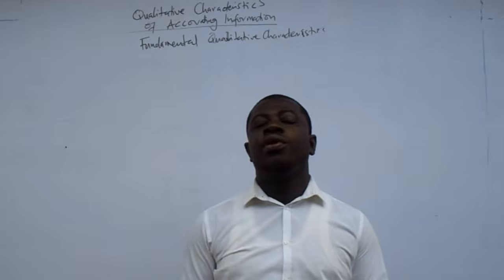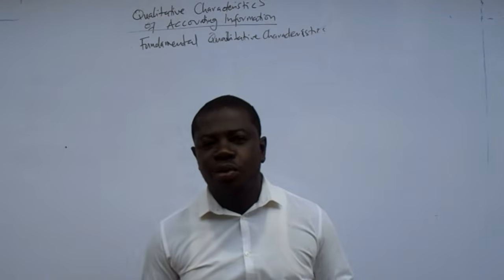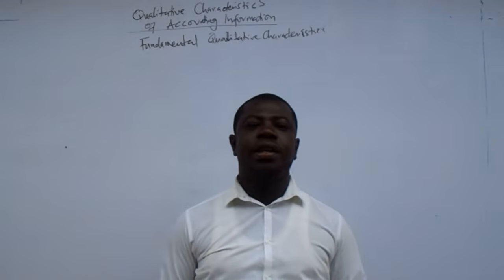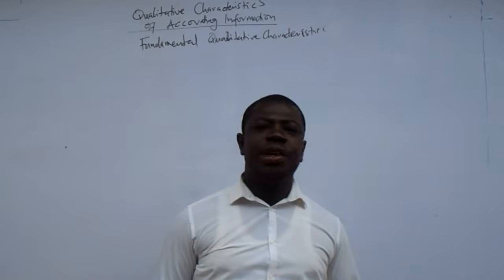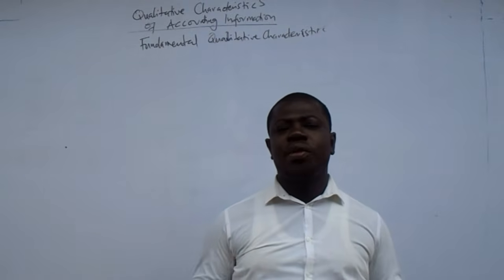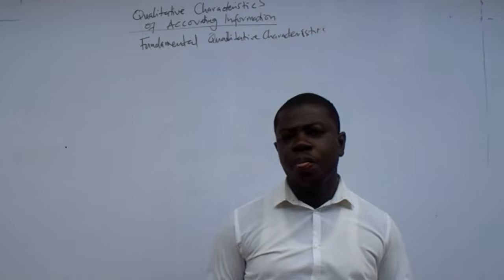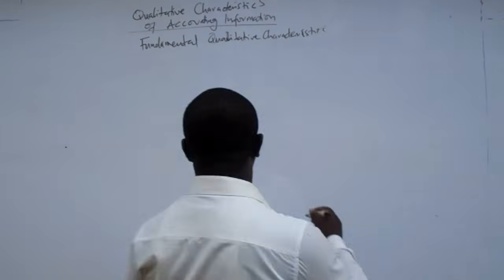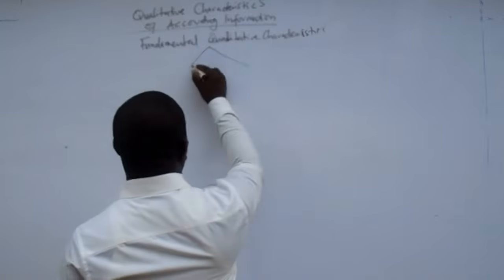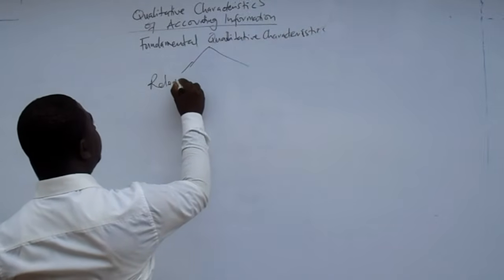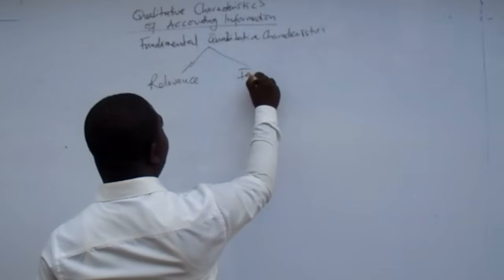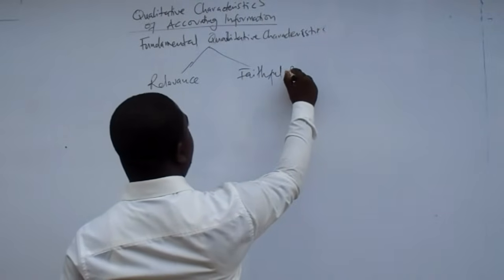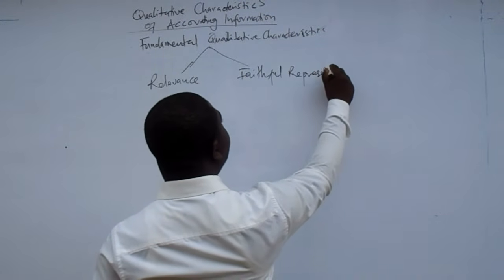Okay, so we are going to look at the fundamental qualitative characteristics of financial statements or financial information. Now, the fundamental qualities I said are two. We have relevance and faithful representation.